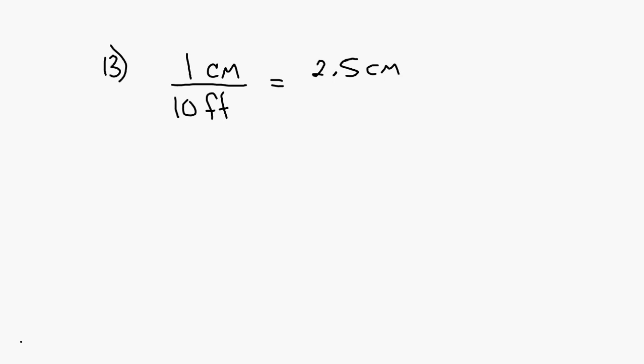There's your setup. 1 centimeter to 10 feet equals 2.5 centimeters to x feet. And you can crisscross multiply. So your 1 times x is x, and your 10 times 2.5 is 25. So if your x equals 25, then the trees need to be planted 25 feet apart.